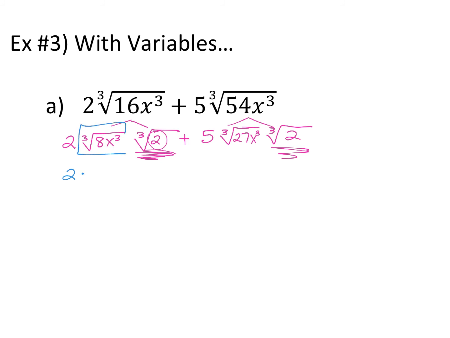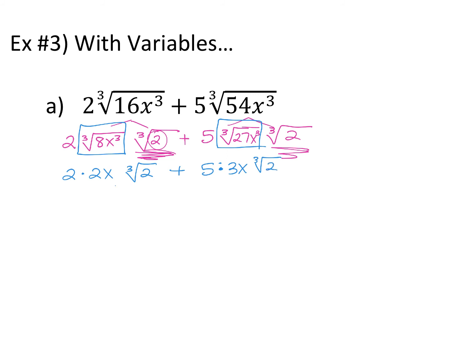What does this equal? The cube root of 8x cubed. 2x, right? The cube root of 8 is 2. Cube root of x cubed is x. And we still have the cube root of 2 behind it. Plus 5 times, what is this going to equal? 3x, right? 3 times x times the cube root of 2.